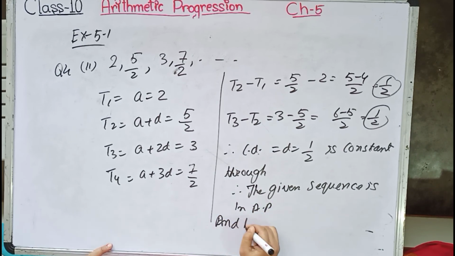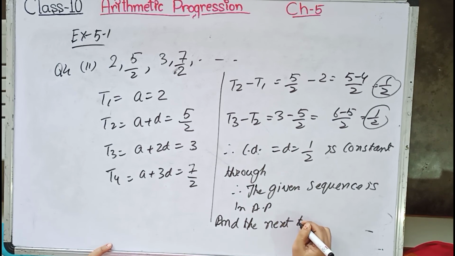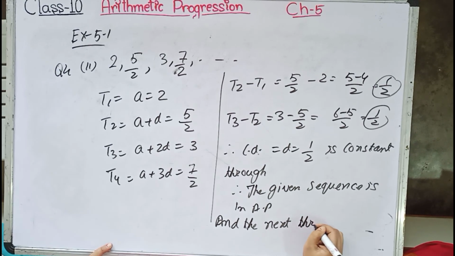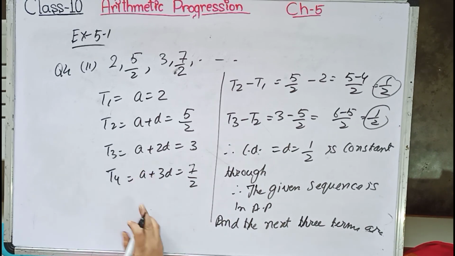And the next three terms, we have to find actually T5, T6 and T7.